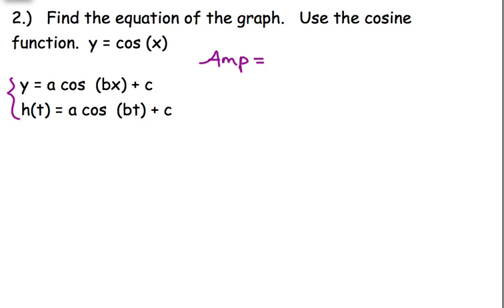what am I going to do? Subtract the maximum minus the minimum and divide by 2. So see if you can find the maximum height and the minimum height and divide that by 2.